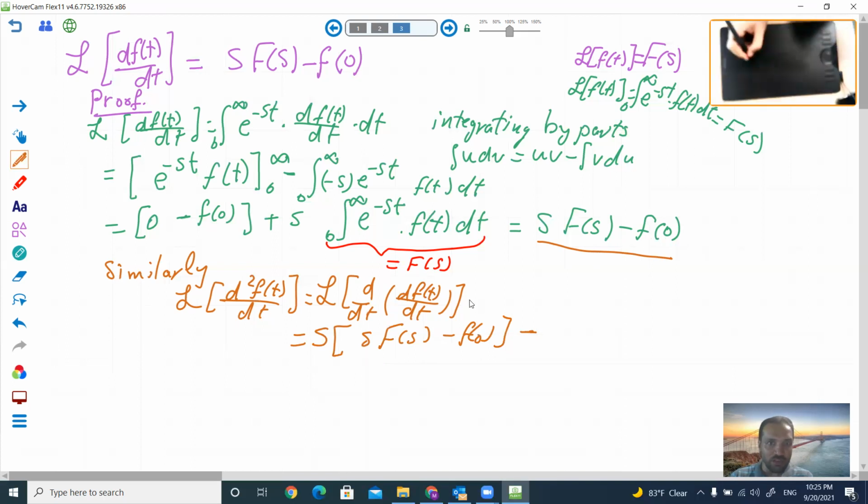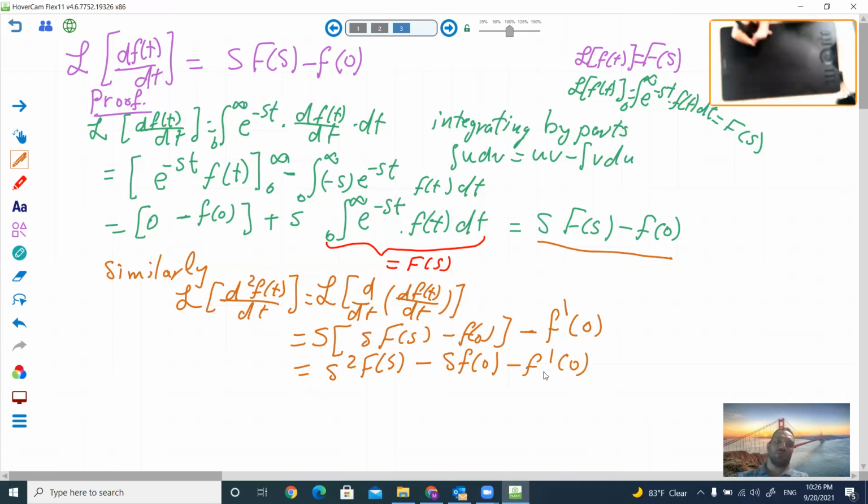But our new function is df by dt, so the derivative of the function at 0 will be f dash of 0. Dash means the derivative. So if we arrange the terms, s times s will be s squared f of s minus s times f of 0, minus f dash of 0, and so on.